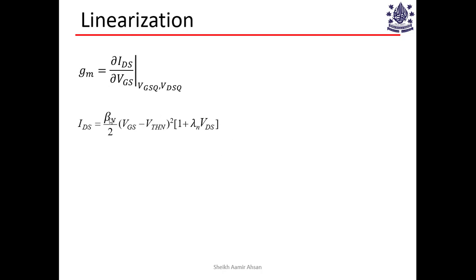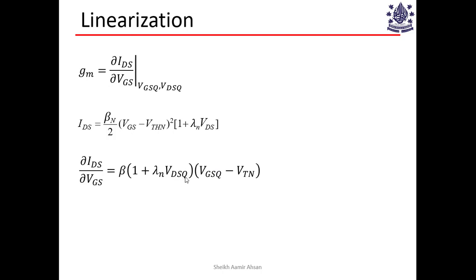Let's say we are operating in saturation. If you're operating in saturation, this is how IDS is expressed in terms of VGS and VDS. It goes as a square of VGS minus VT, and it varies more or less linearly with VDS, even though it is a very small variation, but let's say it's there. And if we take a partial derivative of IDS versus VGS, note that this is a partial derivative, we'll get beta times 1 plus lambda VDSQ.